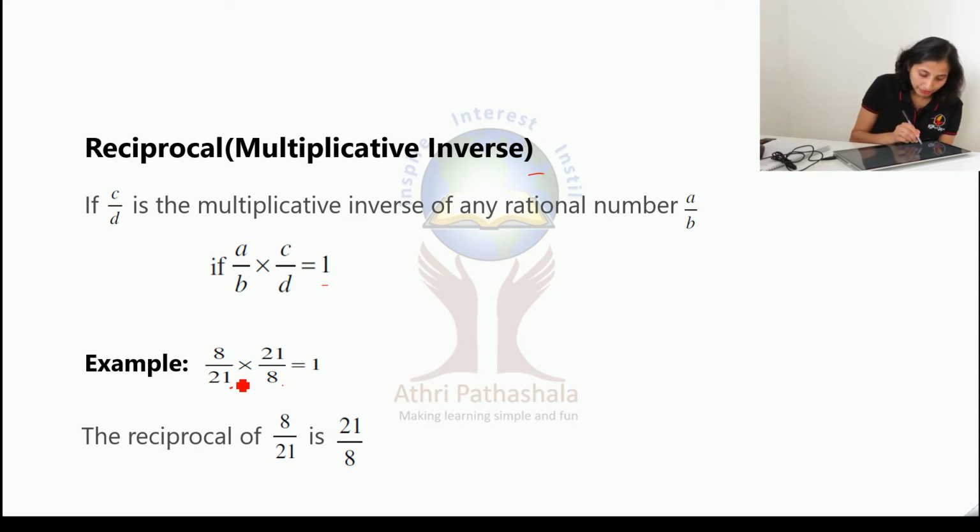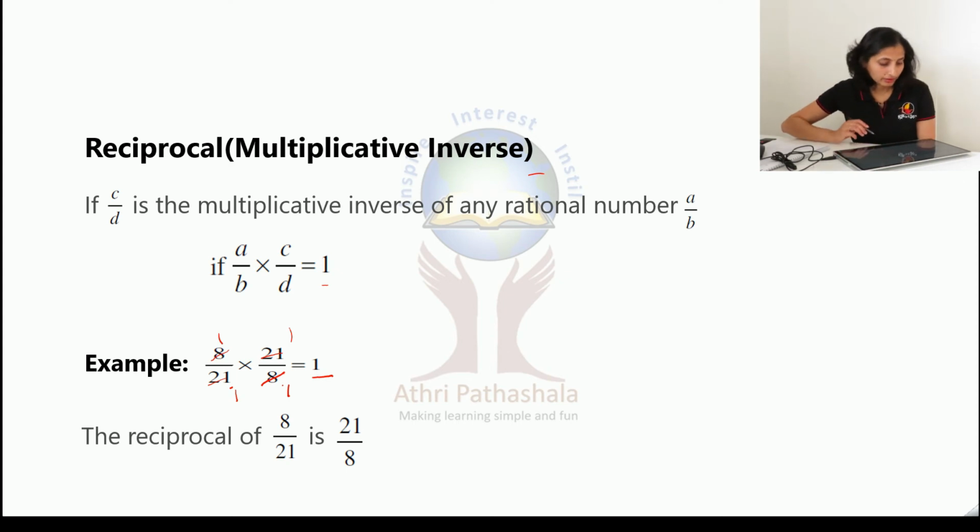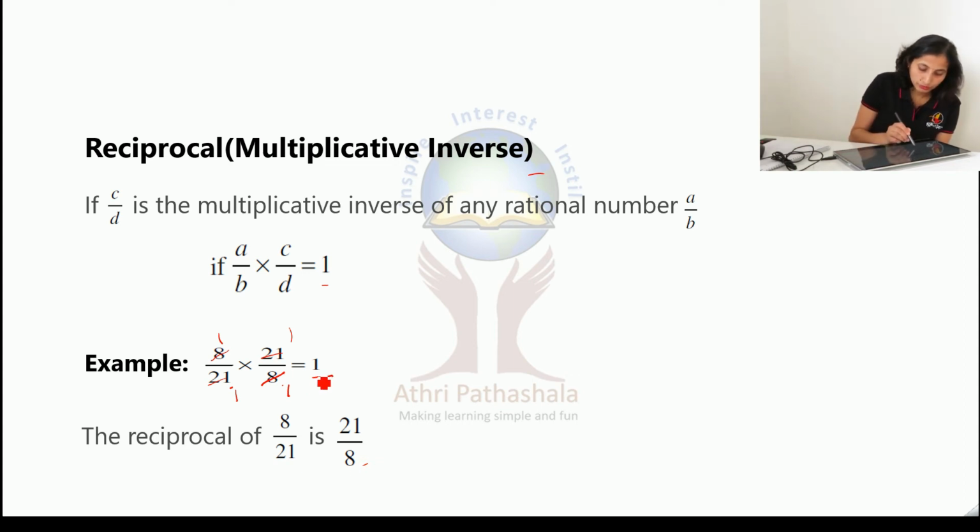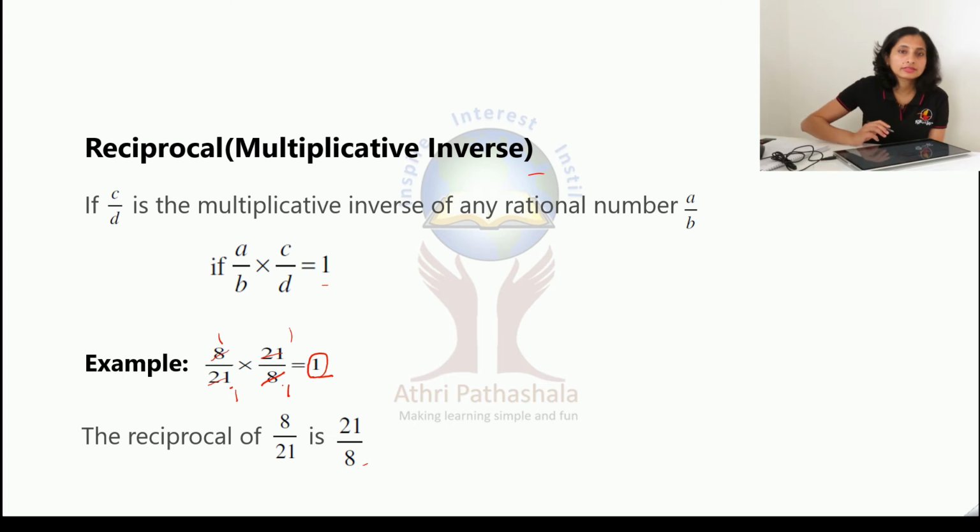Simplify: 21 cancels, 8 ones are 8, ones are 21. So we will get 1 by 1. So the answer is 1. Therefore 8 by 21 is the reciprocal of 21 by 8, and the reciprocal of 8 by 21 is 21 by 8. If you multiply these two and get 1, then that is known as the multiplicative inverse or the reciprocal.